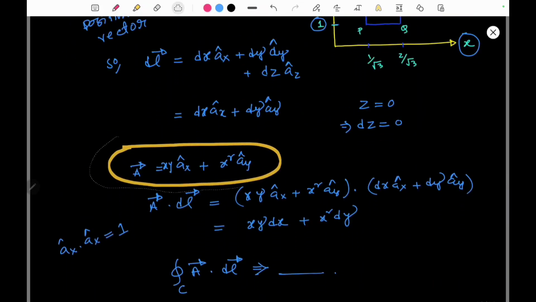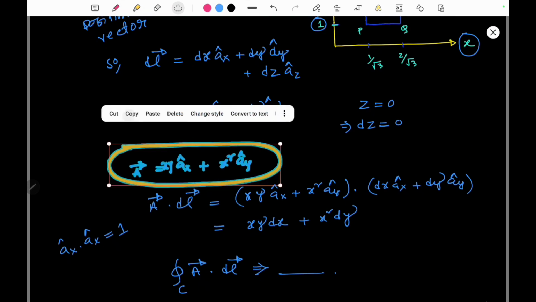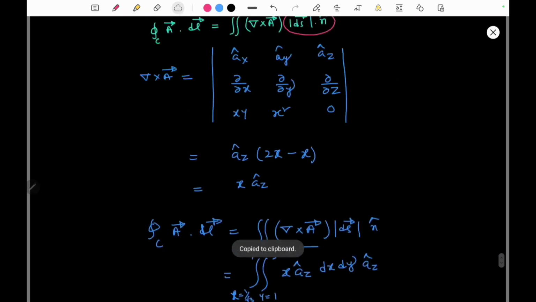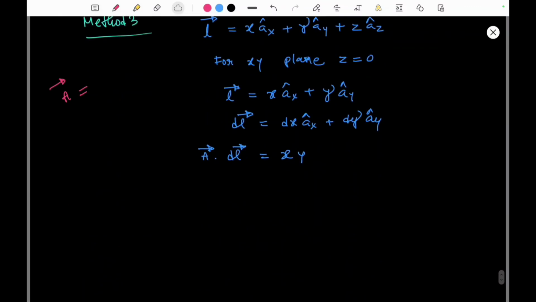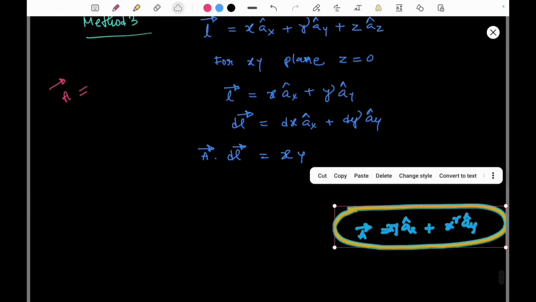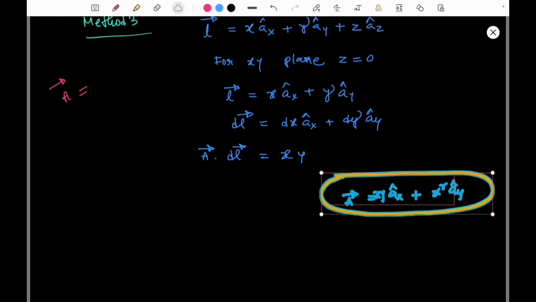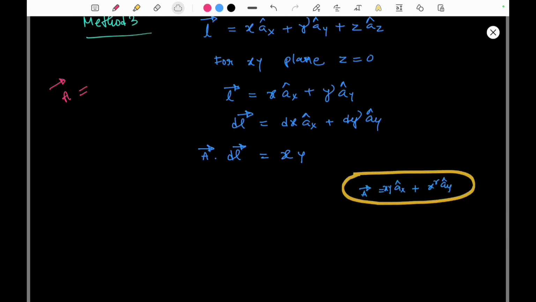Okay, we can copy this and paste. Now I am again writing here xy x cap plus x squared y cap.